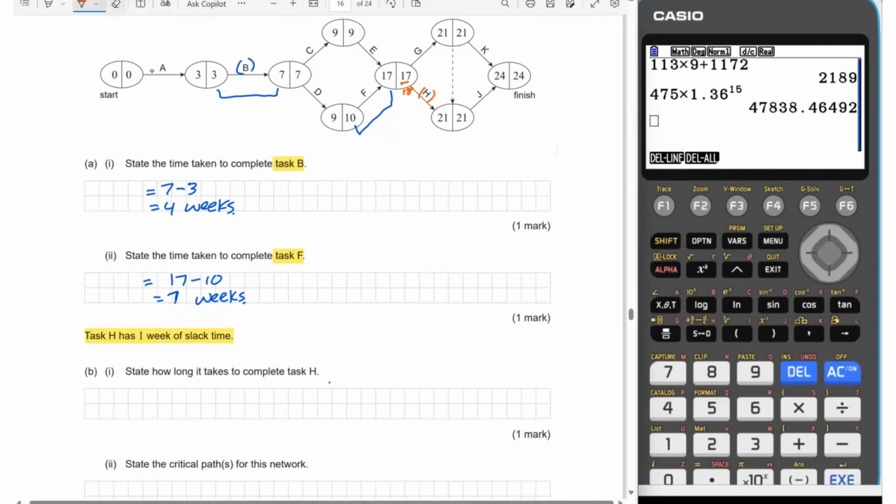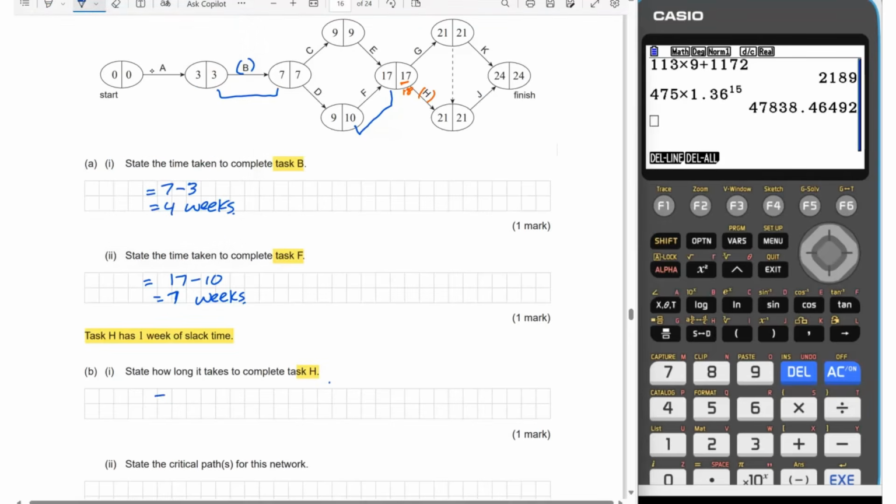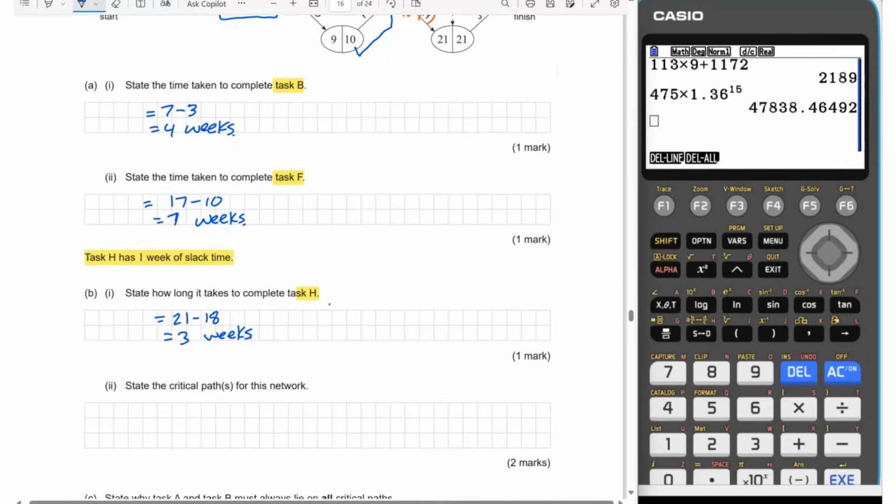Then when it asks how long task H takes, we do 21 minus 18, which is equal to 3 weeks.